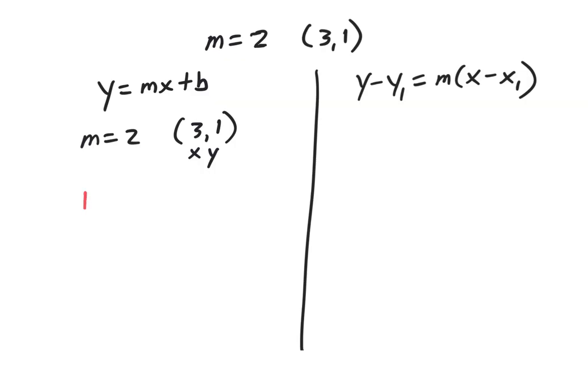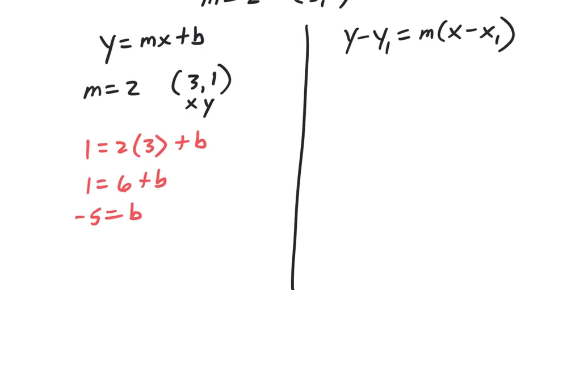My y value is -1. My m is 2. My x is 3, plus b. And then we're just going to solve that equation for b. And we're going to subtract 6.